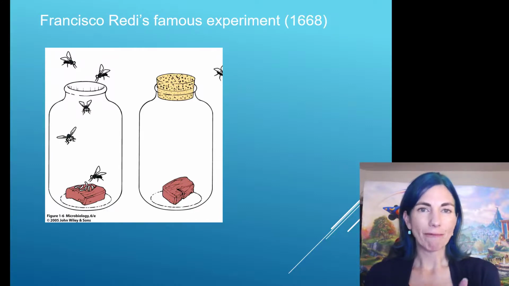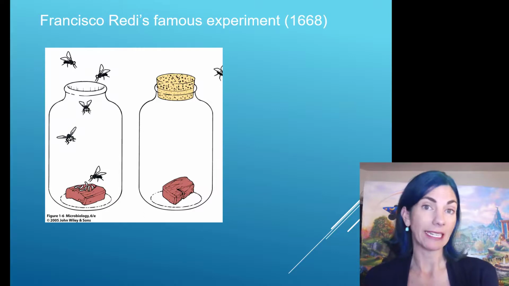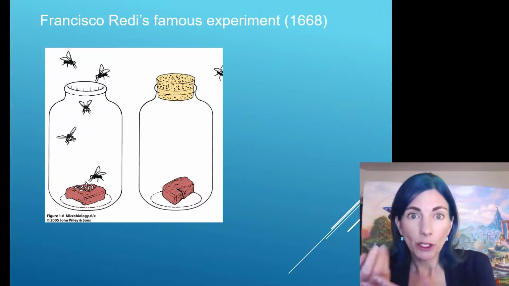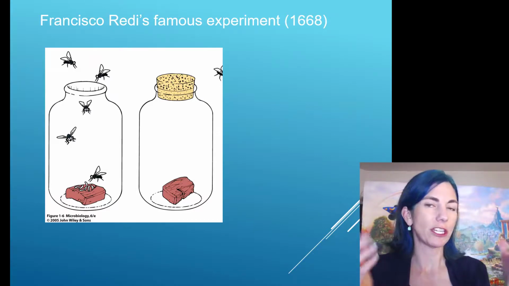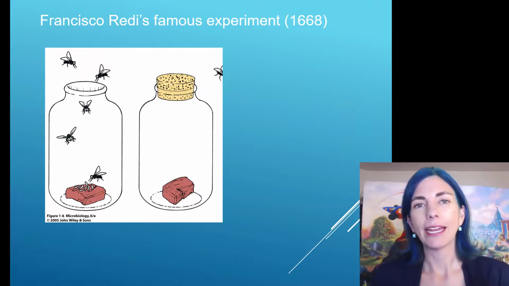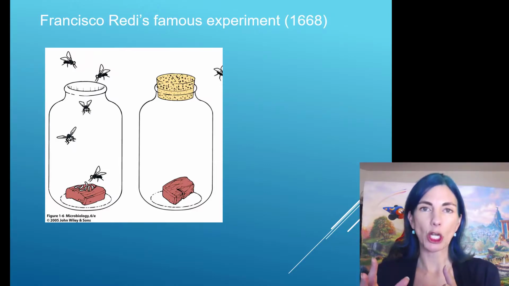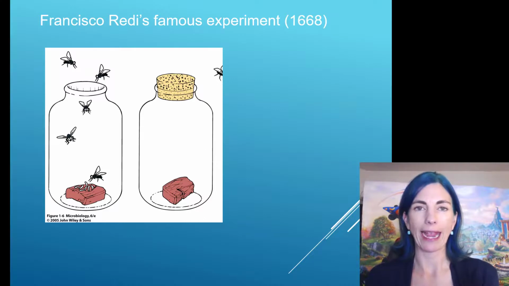So here's what he did. People would leave meat out, and then the next day there would be maggots on the meat, and they figured, spontaneous generation, right? You have air, nutrients, the meat, and if the meat was moist, water. Spontaneous generation, you get fly maggots. And Francisco Redi said, but if I take fresh meat and put it in a jar, and put a cork on top of that jar, there are no maggots.